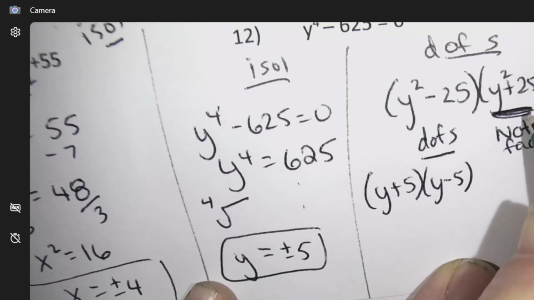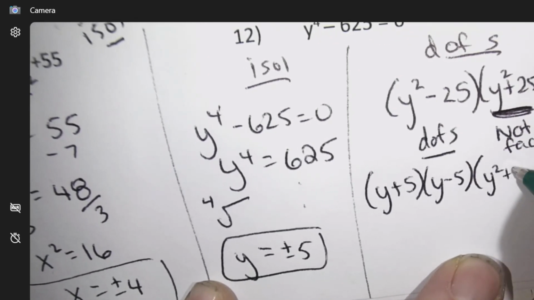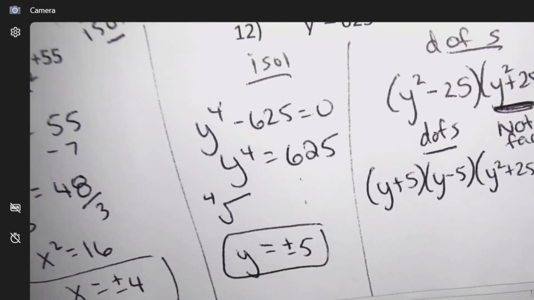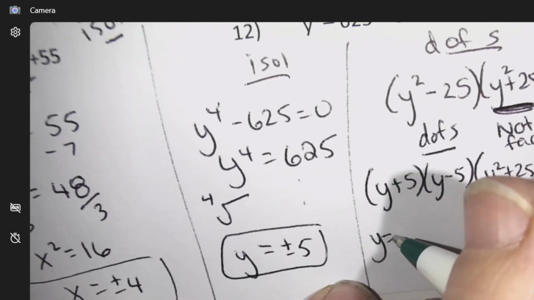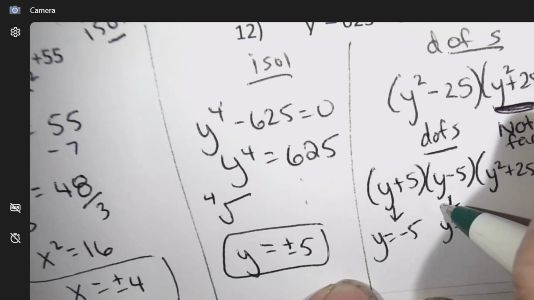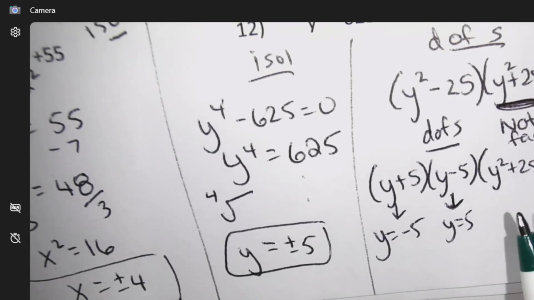You can't factor this one. So you can't go any further with that one. It's not factorable.